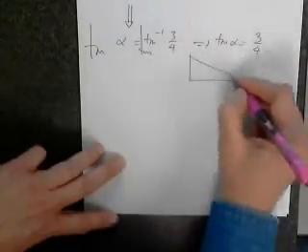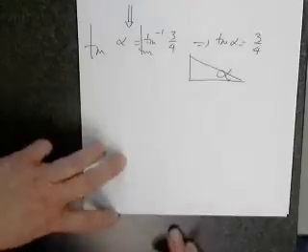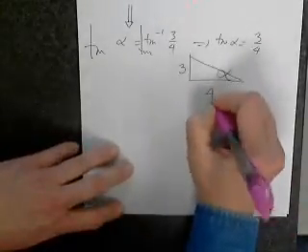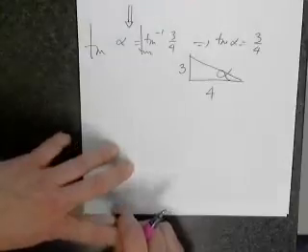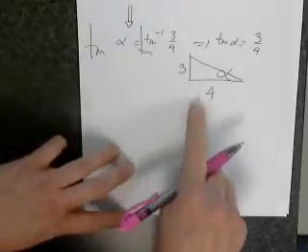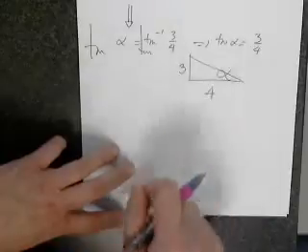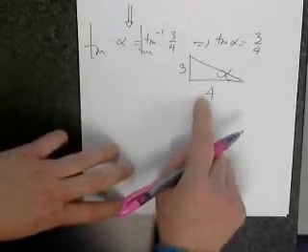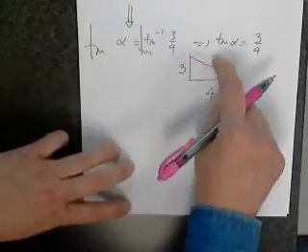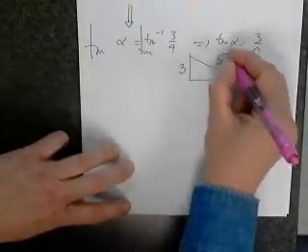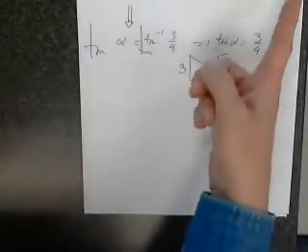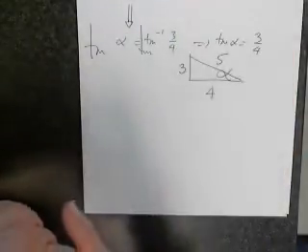I have to draw that triangle, an acute alpha, and identify that this is 3 and this is 4. So this squared plus this squared will give us this squared: 9 plus 16 is 25. The square root of 25 will be 5. So I already have 2 of those 4 numbers.